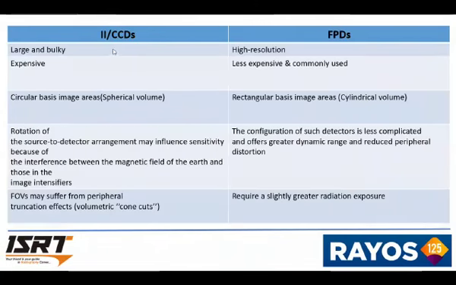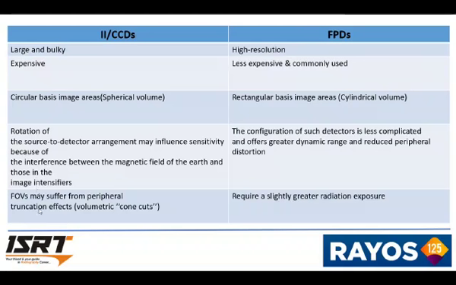So the advantages of image intensifier or CCD, comparing that with FPDs. Image intensifiers are large and bulky and expensive, with circular image areas or spherical volume. Rotation of the source to detector arrangement may influence sensitivity because of interference between the magnetic field of the Earth and those in the imaginary sphere.